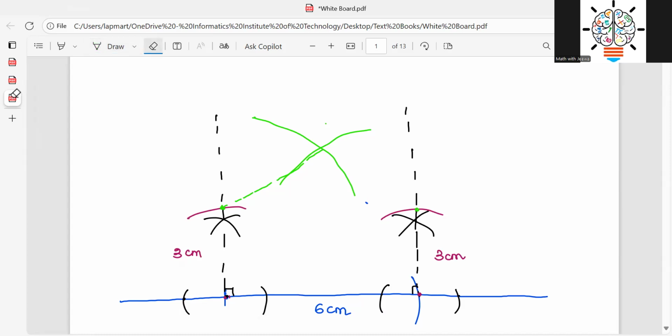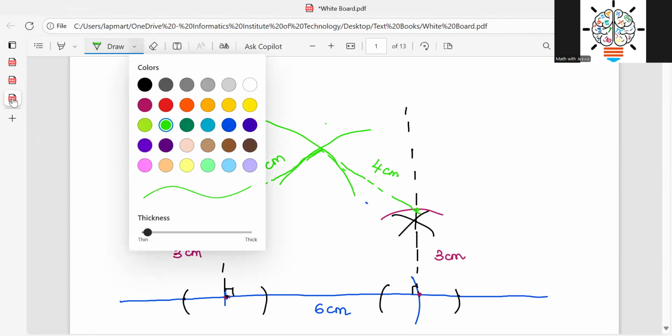Still, I didn't complete the image. I'm just drawing something like this. Here it is 4 centimeters and 4 centimeters.